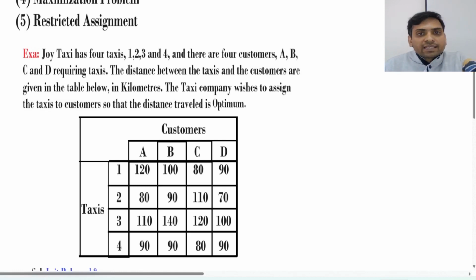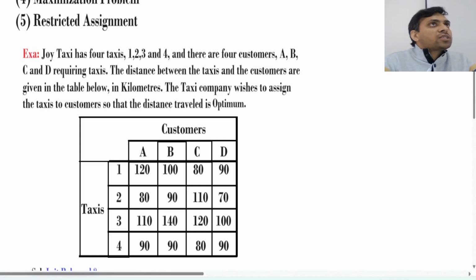Okay, so the taxi company wishes to assign the taxis to customers so that distance travel is optimum. Now, the main task is what? We need to allocate taxis, different taxis to different customers to minimize distance. Clear? Done?